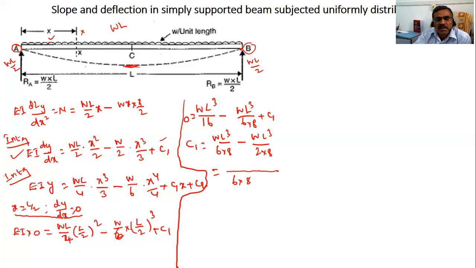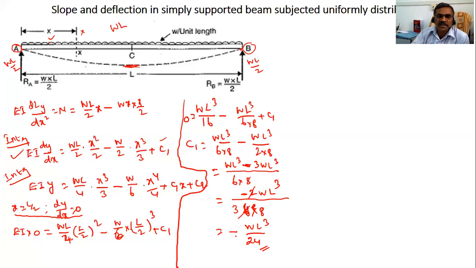If you take 6 into 8 commonly, you get minus 3 times W L cube minus W L cube over 6 into 8, that is minus 2 W L cube. If you cancel this 6 and this 2, you get 3. So this will be minus W L cube by 24. This will be the C1 value.